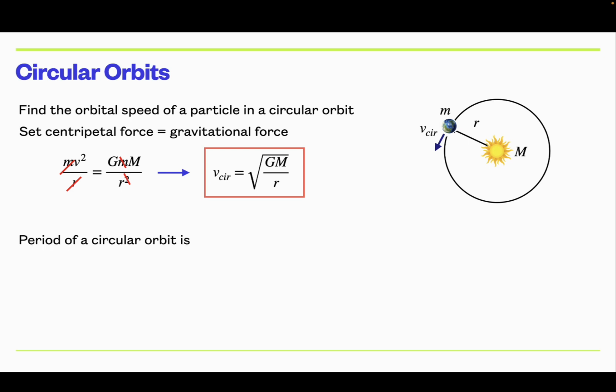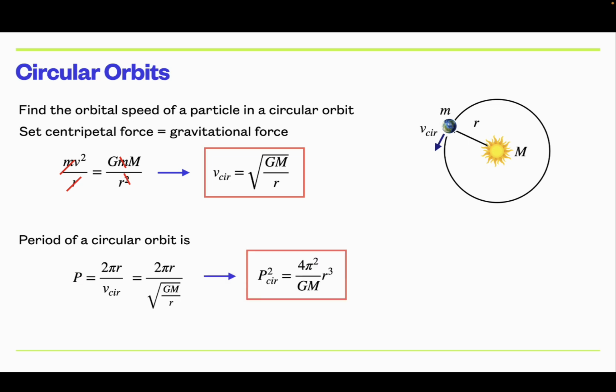The period of the orbit, that is how long it takes the planet to orbit, can be found by taking the circumference, the distance that the planet has to go to make one orbit, and dividing it by the velocity. So the distance over the velocity is the time. Plug in the expression for the circular velocity, simplify.